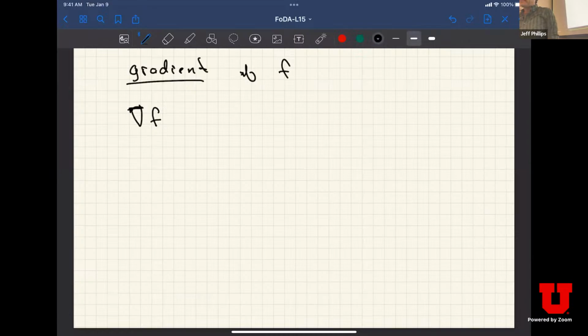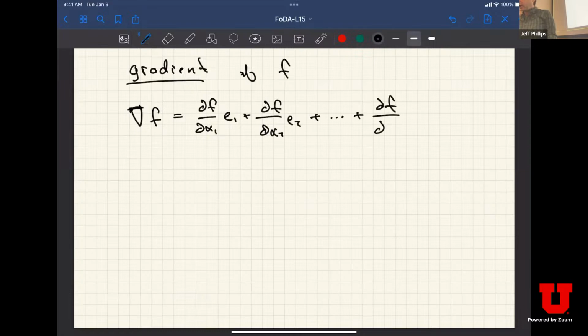This is equal to the partial derivative of f with respect to alpha 1 times the vector E1, plus the partial derivative of f with respect to alpha 2 times E2, and so on.